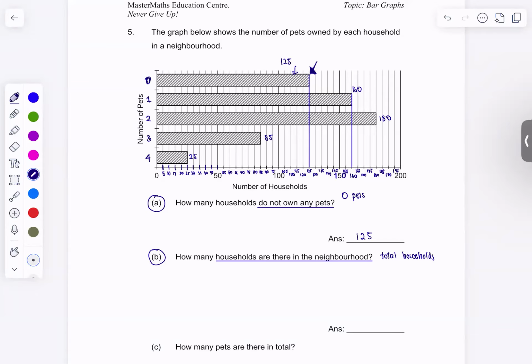Is that okay for you? You want to try? I don't know what the answer is. Okay, let me guide you.